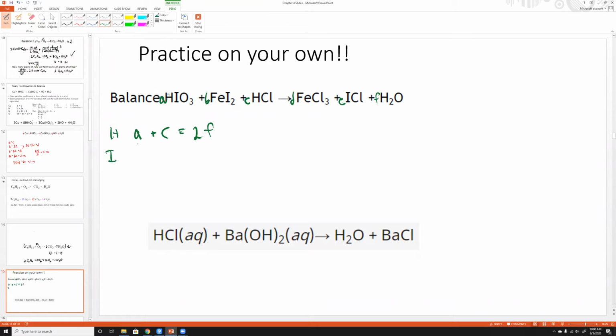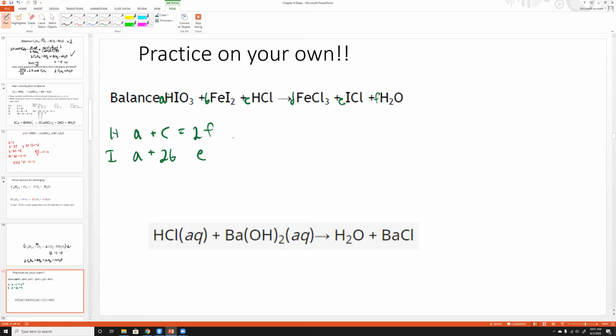For iodine, A plus 2B, because this is iodine here. A plus 2B has to equal E. That should be an equal sign.